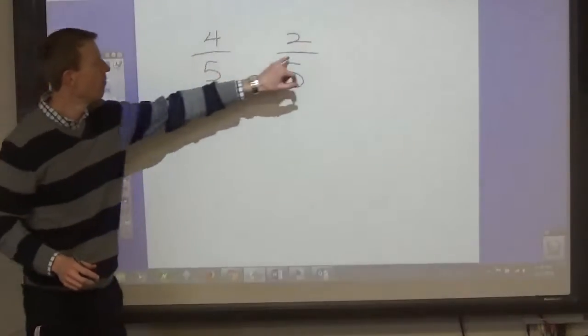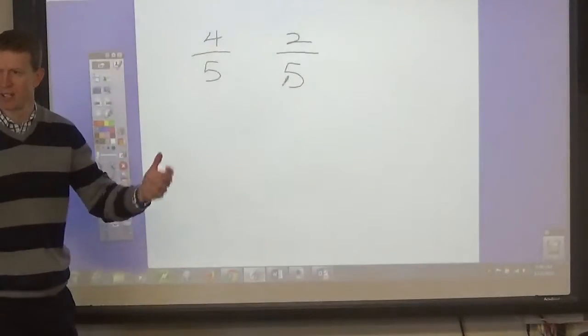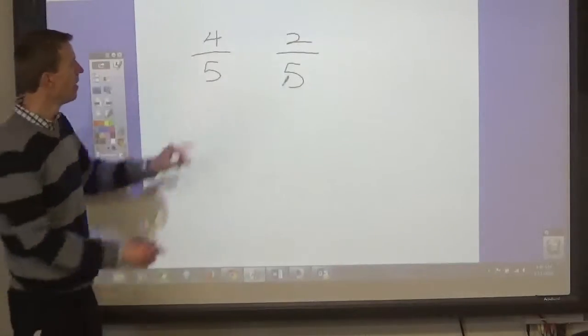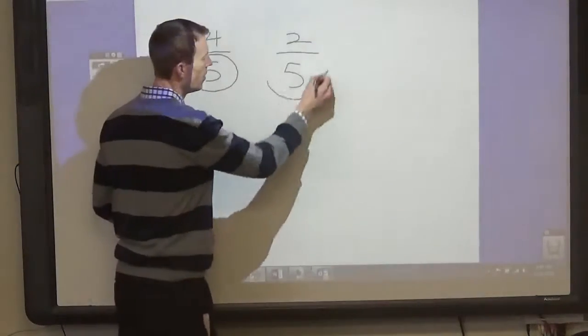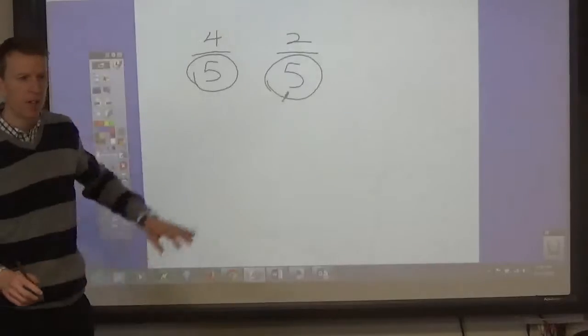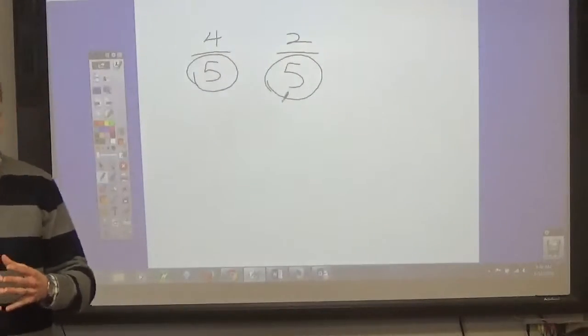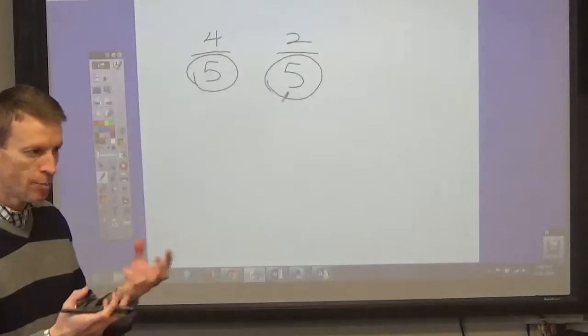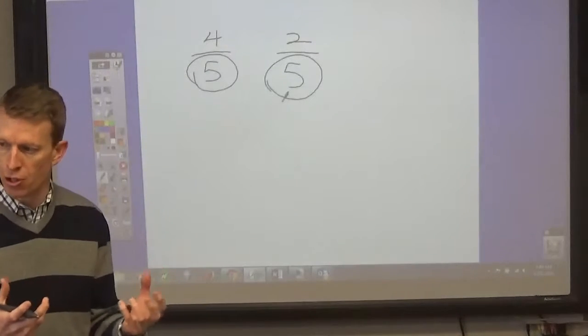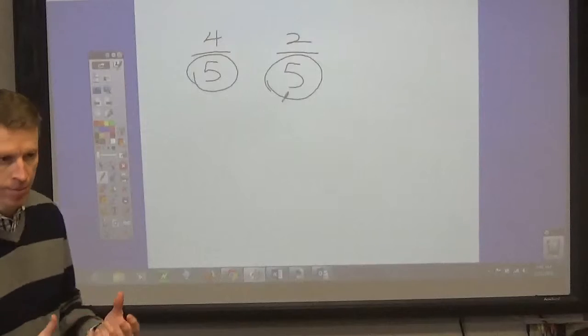So, if you're comparing 4/5 and 2/5, that's pretty simple, isn't it? Yeah. Because they are both in terms of fifths. The denominator always tells you how big the pieces are. And you have to have the same size pieces in order to figure out how much you have. Alright?